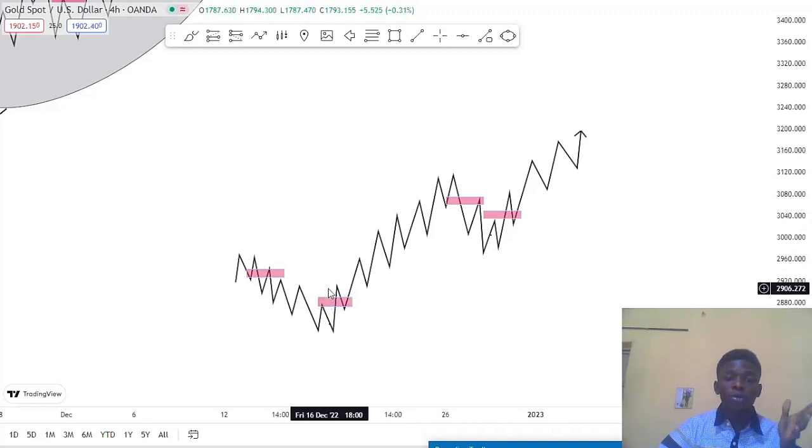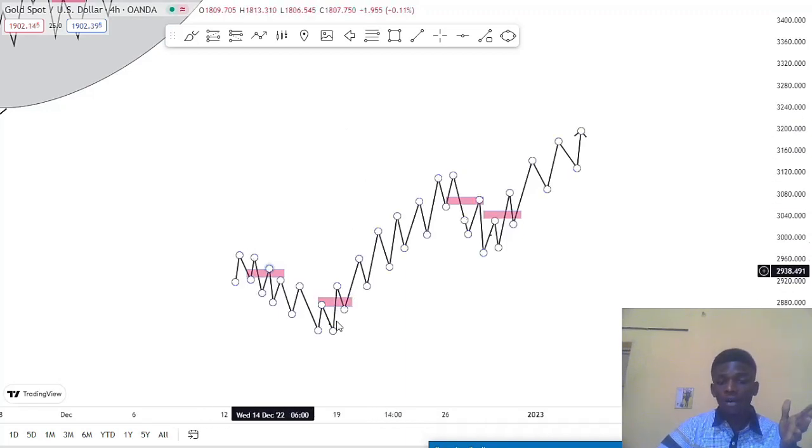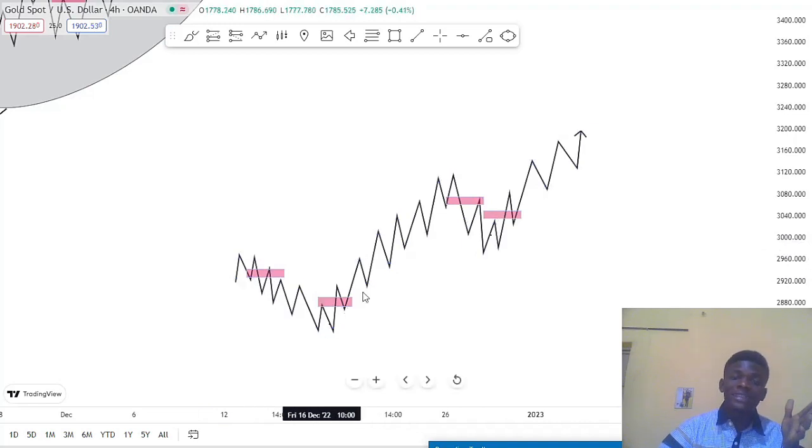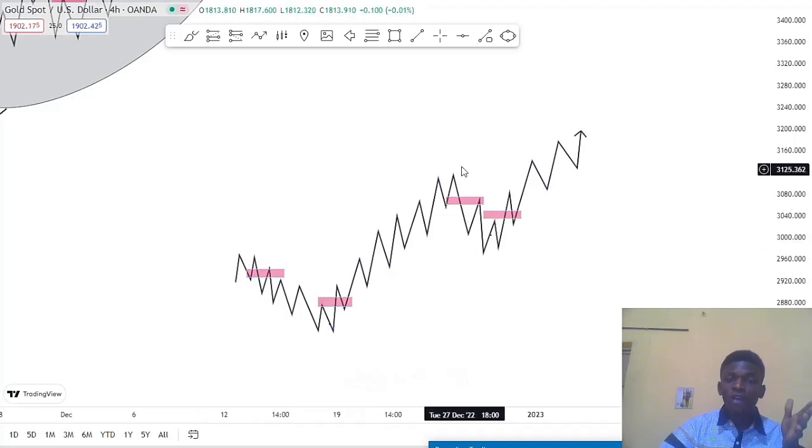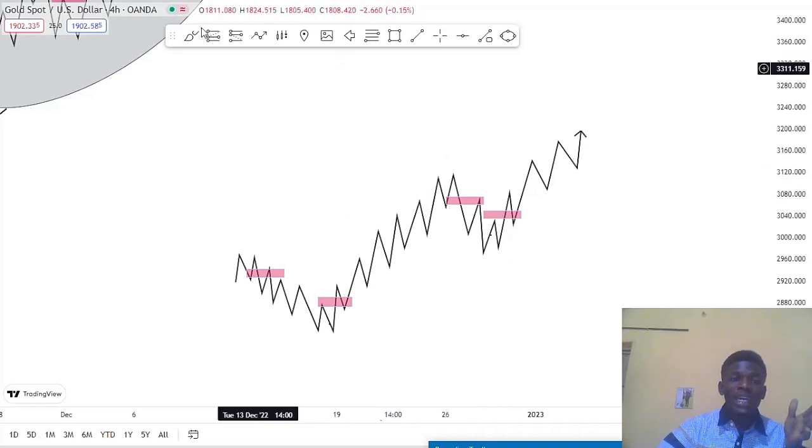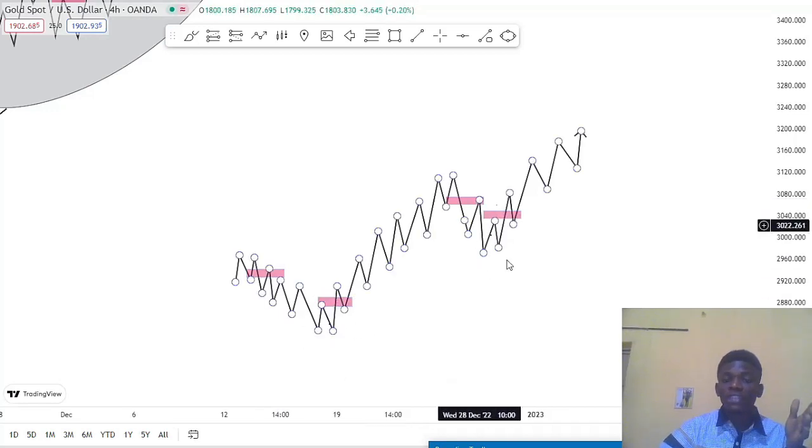If this is a pullback on the 4 hourly time frame, this is the impulse on the 4 hourly time frame. Your biggest bet is how to get into a trade from these zones here. This is where you're looking to get into a trade.